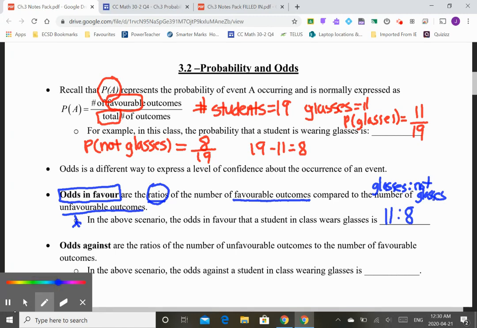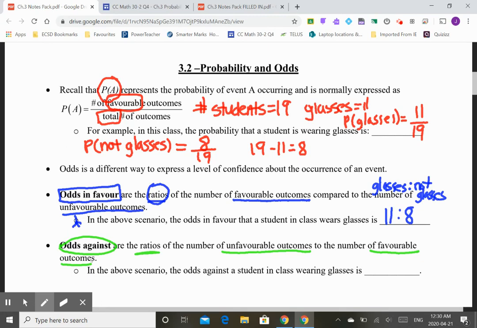Let's talk about odds against. Odds against are the ratios of the number of unfavorable outcomes to the number of favorable outcomes. Odds against is just the opposite of odds in favor. It compares unfavorable to favorable.